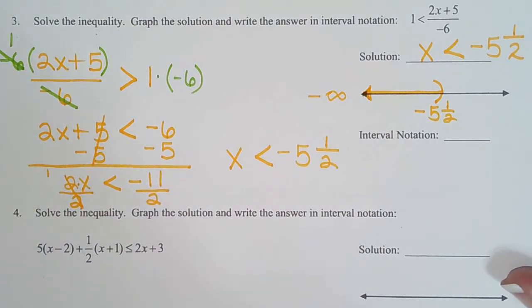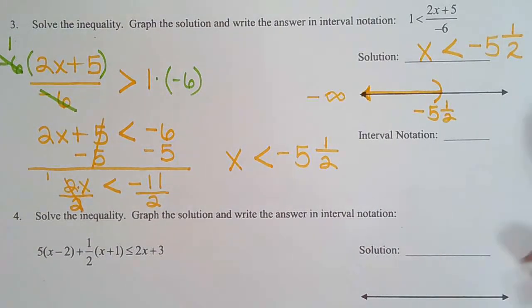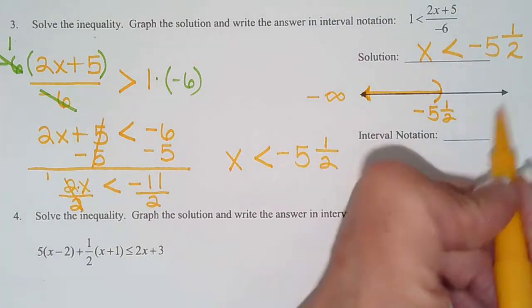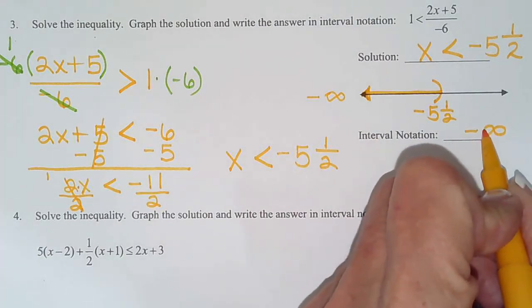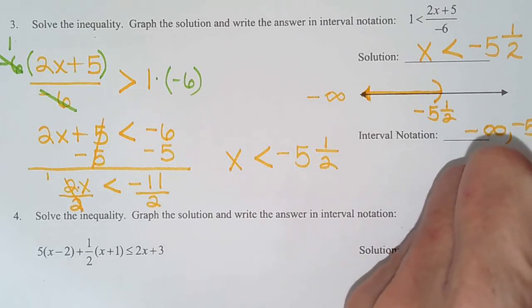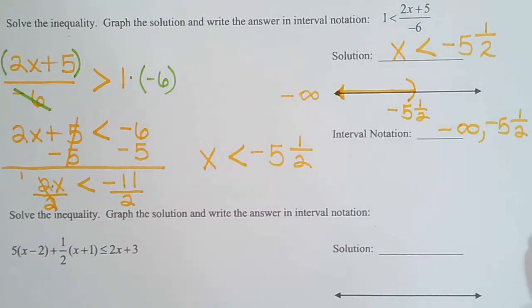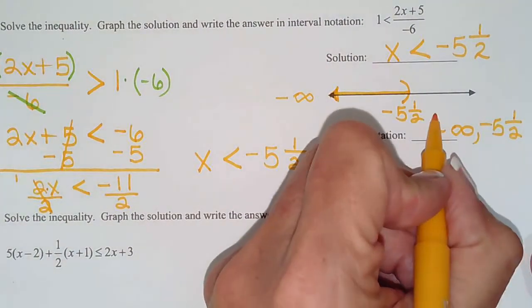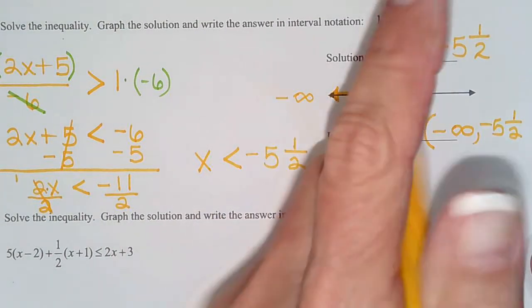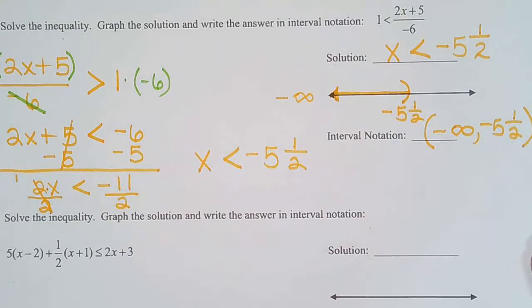So as we go to write our interval notation on the next step, keep them in the same order and just bring them down. So negative infinity's first, -5.5 is second, and infinities always get a parenthesis, and because there's no equal sign, the -5.5 gets a parenthesis as well.